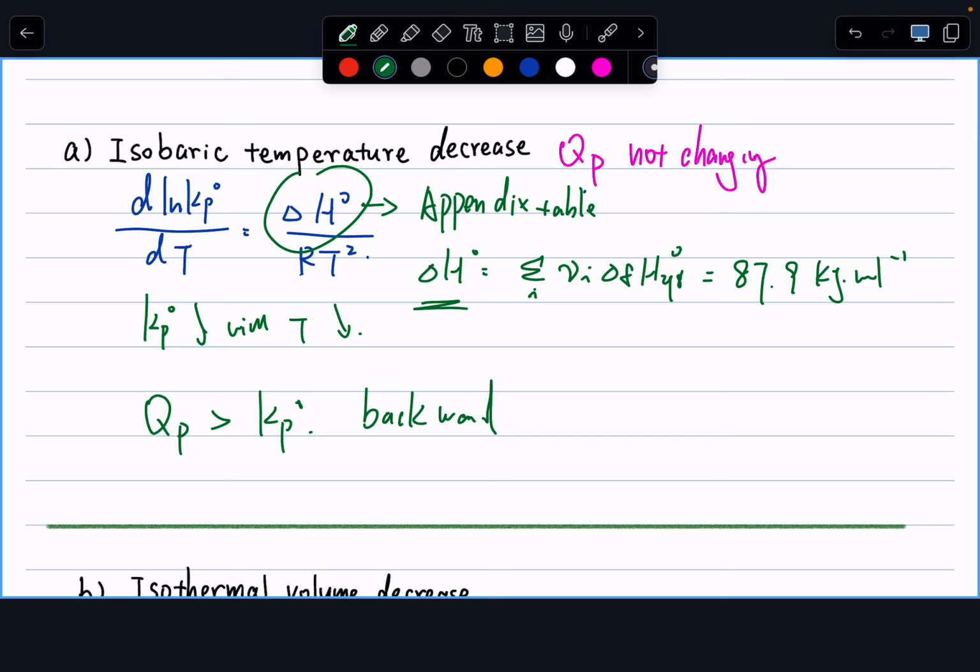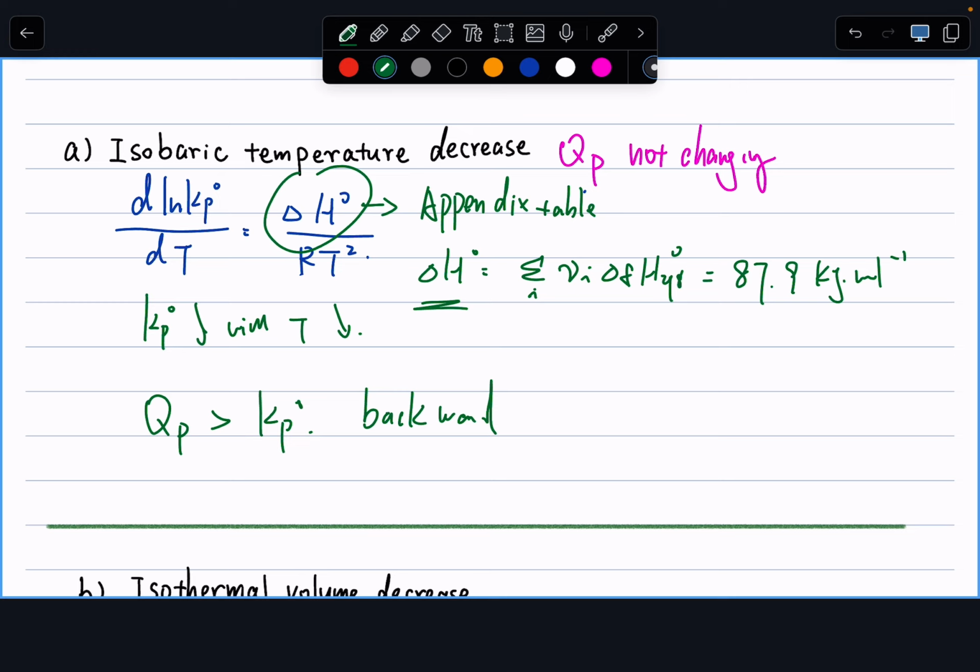We're expecting my KP naught to drop with respect to temperature if delta H is negative. Alternatively, if we have a positive delta H naught, we're expecting this to increase with temperature. It's just math.